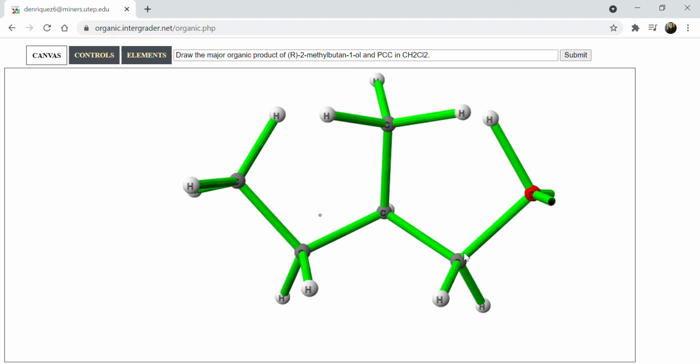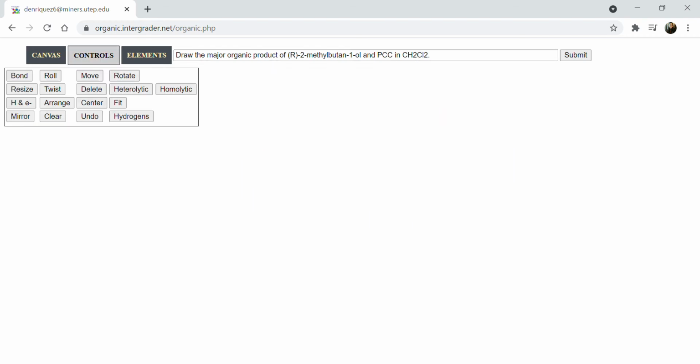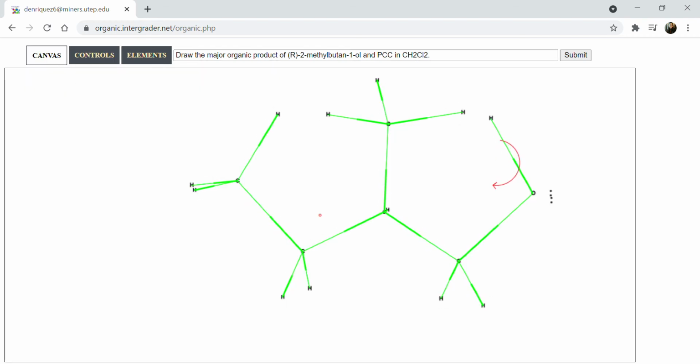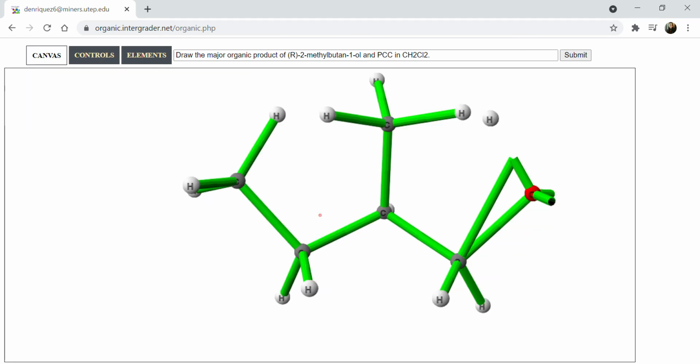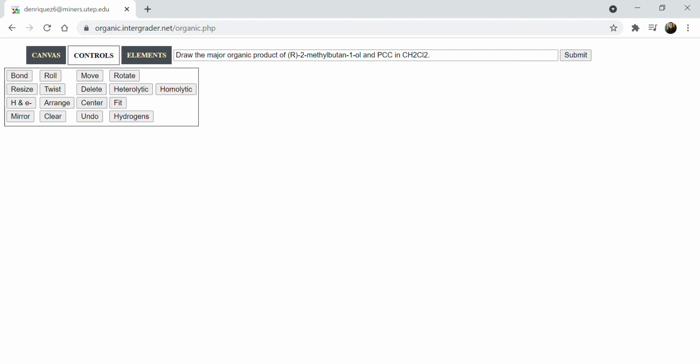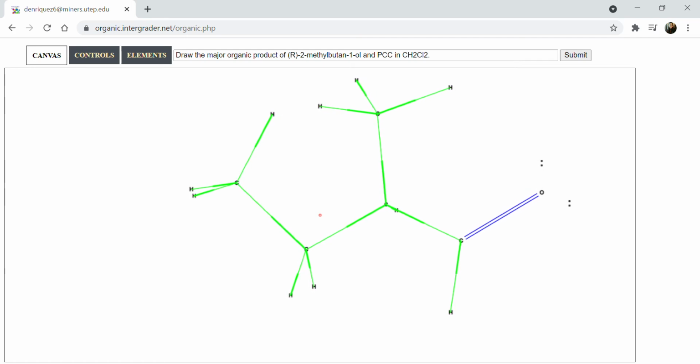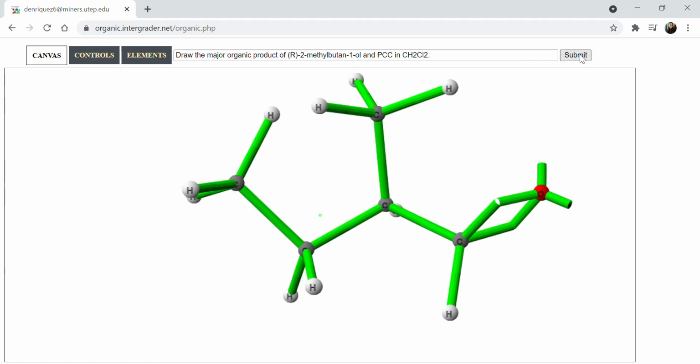So I'm not going to be adding another oxygen here because it's just PCC, CH2Cl2. So I'm going to go ahead and double bond this. And then I'm going to delete 2 things. I'm going to delete this hydrogen, and I'm going to delete one of these hydrogens because carbon only needs 4 bonds. So I'm going to leave it like that.